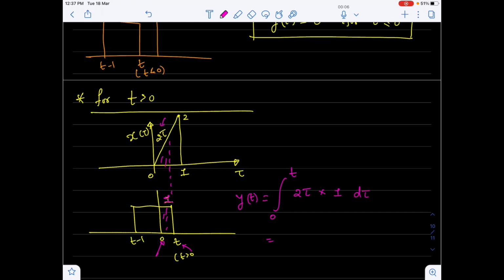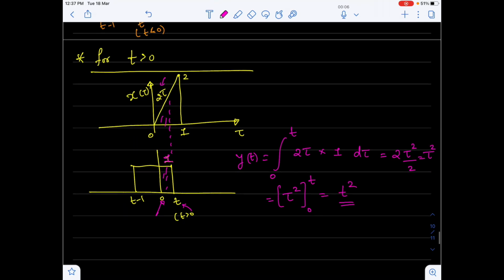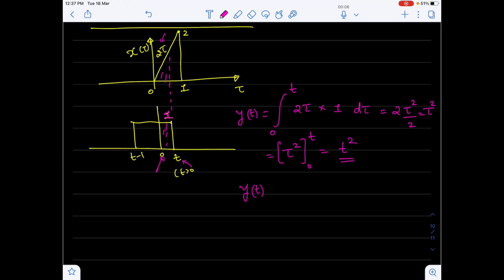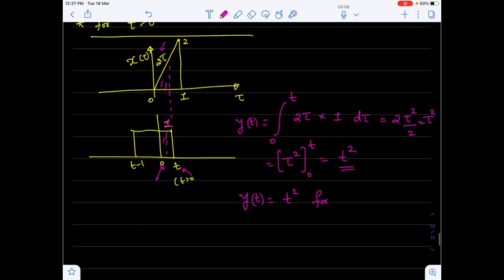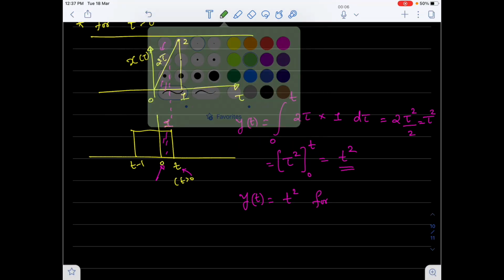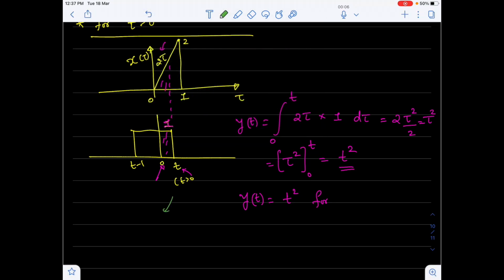If you integrate, you get 2 times tau square by 2, which becomes tau square. Then you put the limit, and this becomes t square. So y of t is equal to t square for t greater than 0. But be careful, if I move it further, what will happen? It will cross 1.